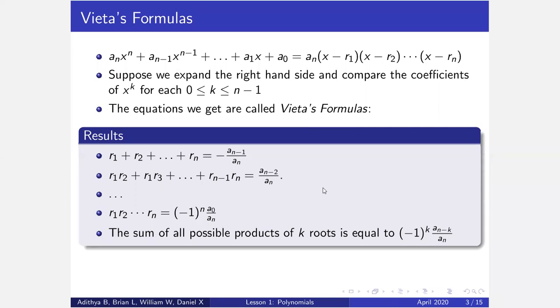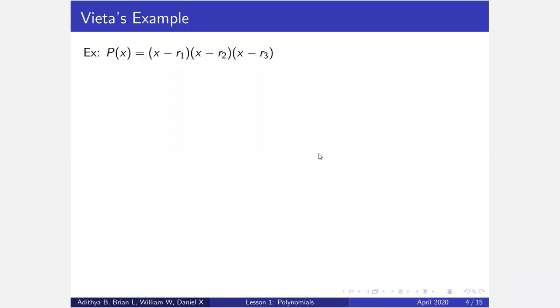Okay, I guess we have an example on the next slide to explain this. So instead of looking at general n, we'll look at n equals 3. So p of x equals (x minus r_1) times (x minus r_2) times (x minus r_3). Can someone expand this for me?